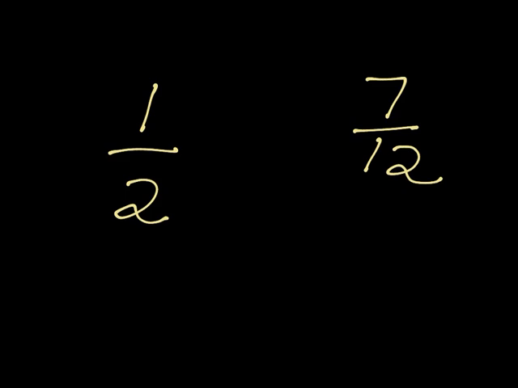You guys told me if the numerator is half of the denominator. So if my denominator is 12, what is half of 12? Everybody? 6. So 6/12 is the same as 1/2.